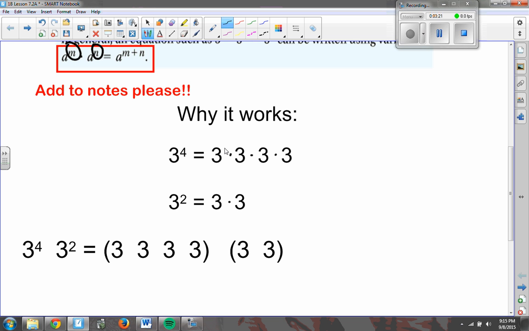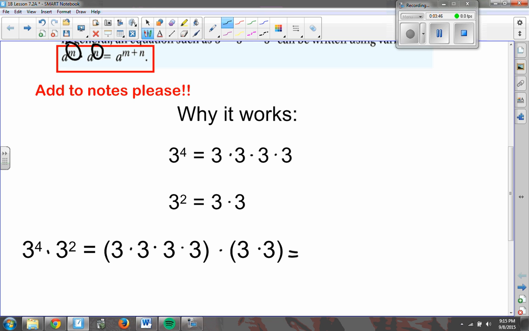All right? So now when we go down here and talk about multiplying those two expressions together, I have 3 times 3 times 3 times 3 times 3 times 3. Now, we should know that these parentheses around all of that multiplication don't really help us with anything because it is all multiplication, right?